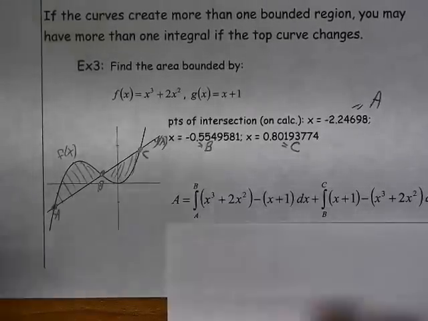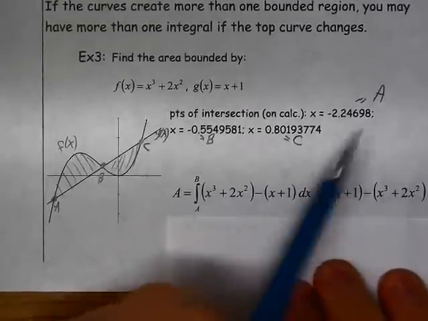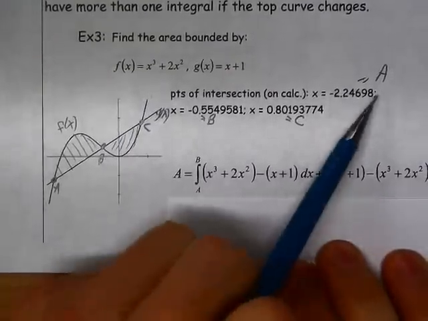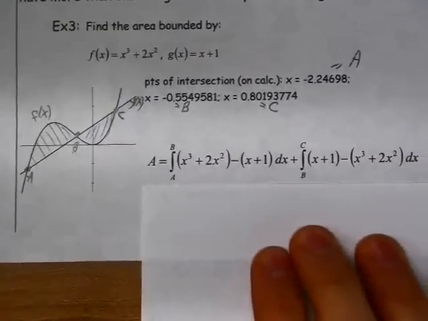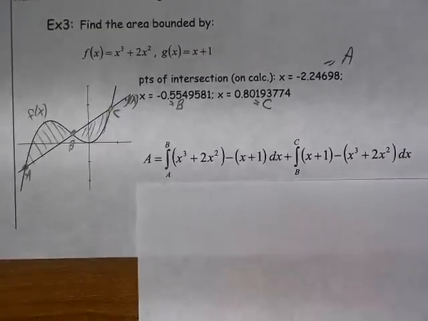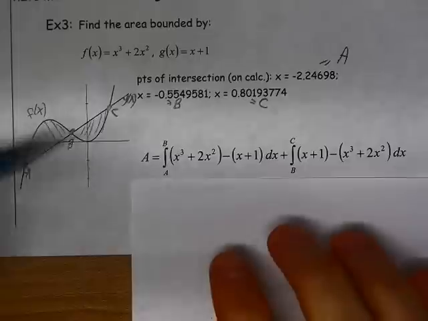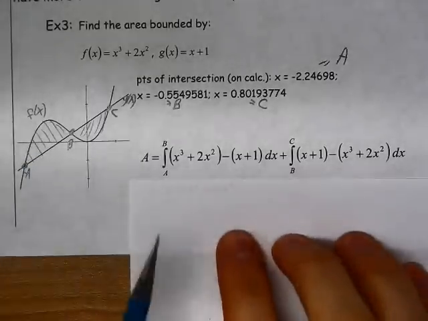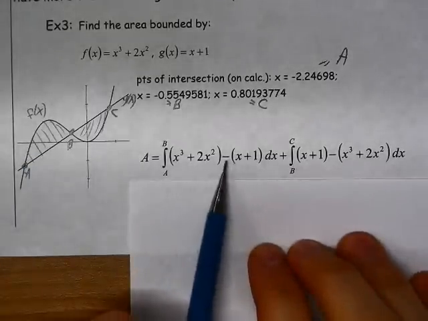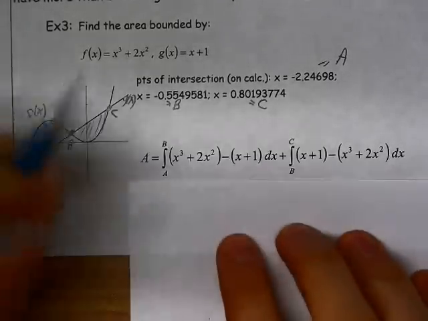But once I find those x values, I can save those as variables A, B, and C in my calculator. And then this is what's happening in my calculator. I'm going to integrate from A to B this x cubed plus 2x squared minus x plus 1.